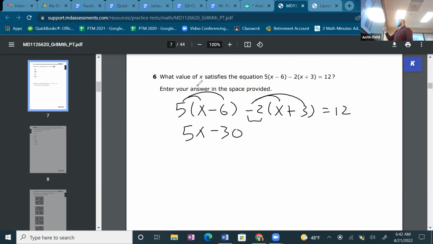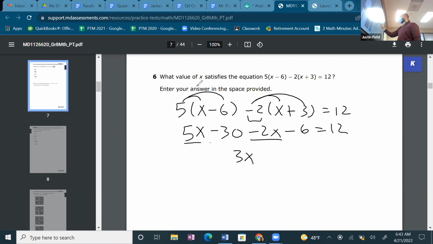So that's 5x minus 30, and then the next one would be -2x. -2 times 3 is -6. So distribute, then combine like terms. So we see 5x and -2x. That makes 3x.